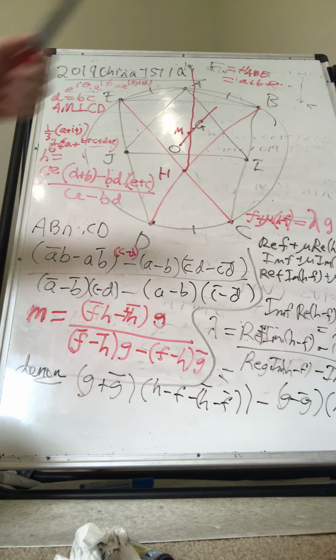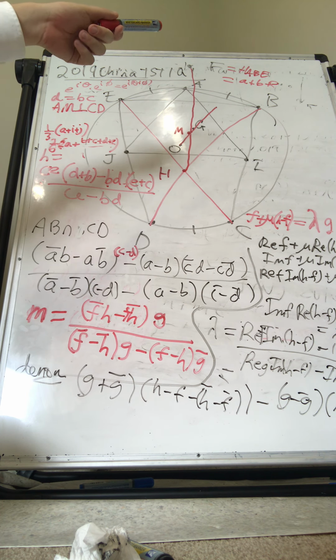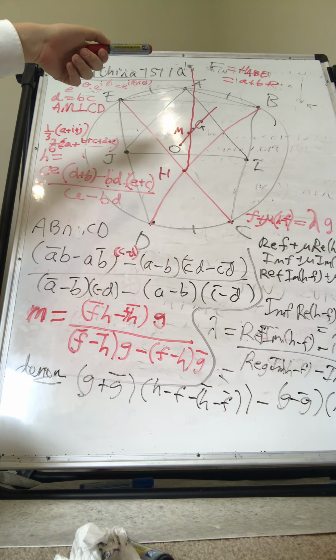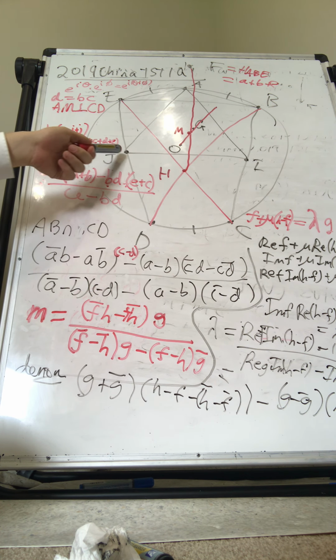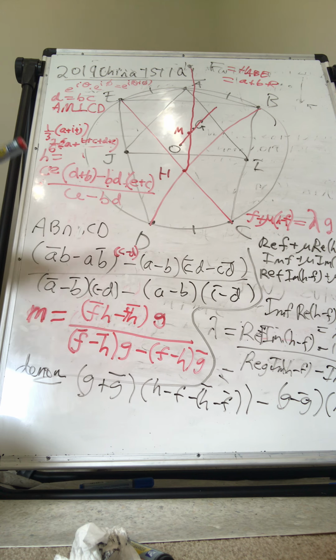Well, we know that the orthocenter is the sum of the 3 things. Can you see that this is the sum of 6 things? It's A, B, C and A, D, E. So that's kind of key.